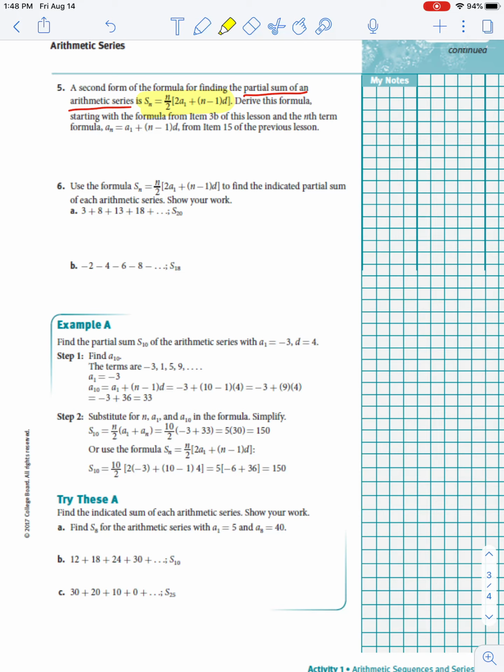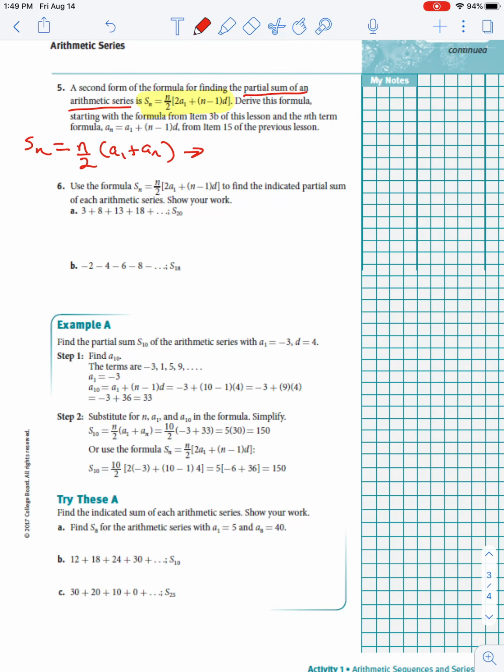Well, if you think about it, the formula for the arithmetic sum that we just learned, the S sub n formula, is n over 2 times a sub 1 plus a sub n. So you see how there's already an a sub 1 in there?